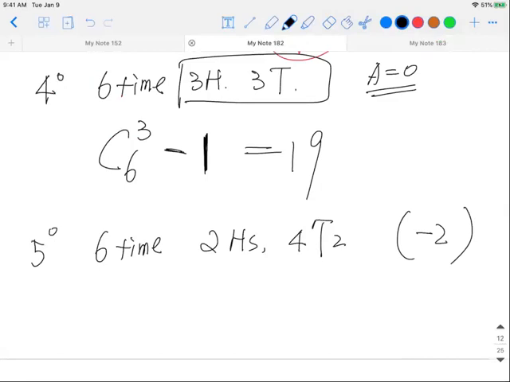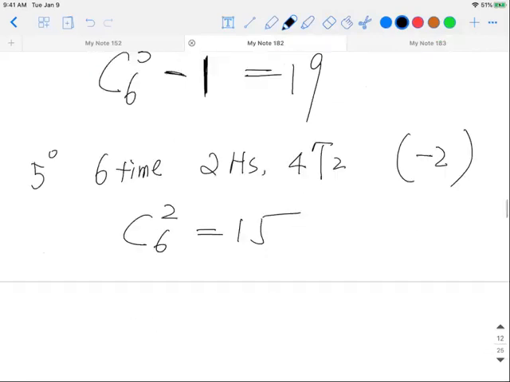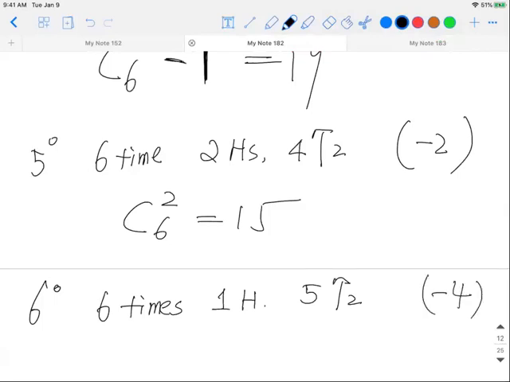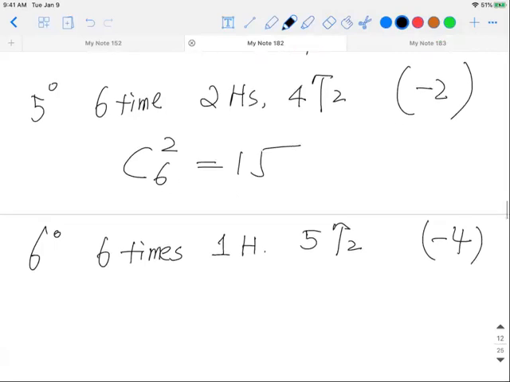Like Chen mentioned, you do whatever you like. C6,2, 15. Okay, we're getting there. But then, yeah, 6 times 1 head, 5 tails. That's going to give you -4, right? Again, no restriction. You do whatever you like. C6,1, 6. Oh, yeah, there's another scenario. Sorry, I forget.